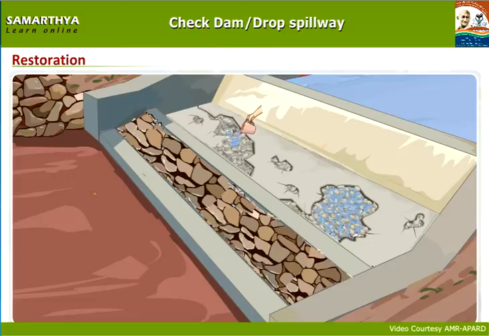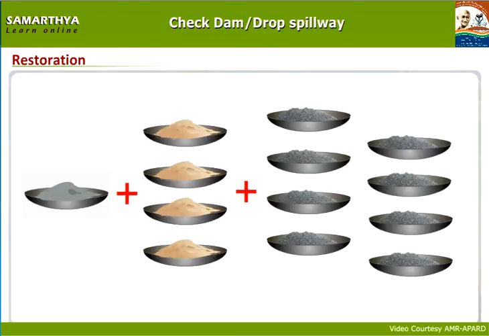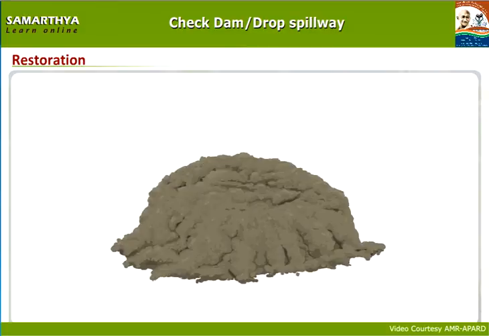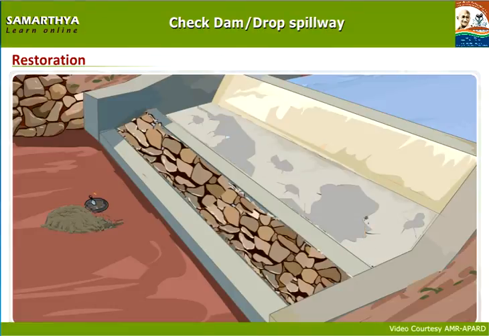After cleaning, apply concrete mixture of 1:4:8 cement and sand with required thickness. 1:4:8 concrete mixture is 1 unit of cement, 4 units of sand and 8 units of gravel mixed well with water. Apply this mixture on apron with required thickness.